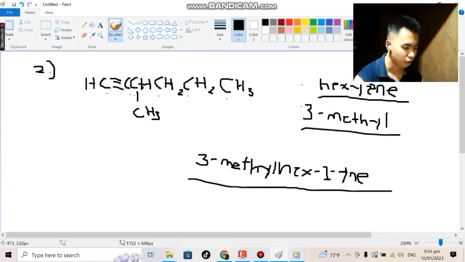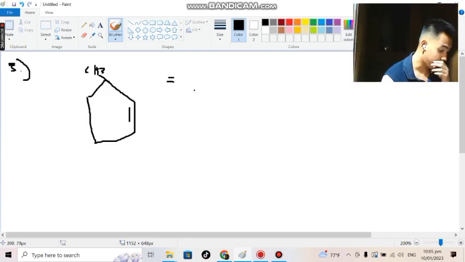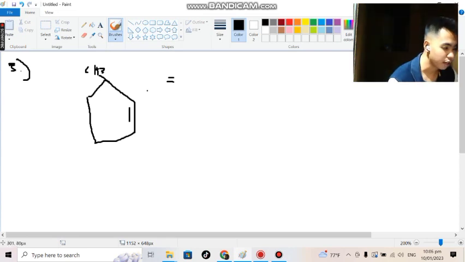To sum this up, we put the methyl prefix before the parent chain. So this is 3-methylhex-1-yne, because of the carbon that has a triple bond.